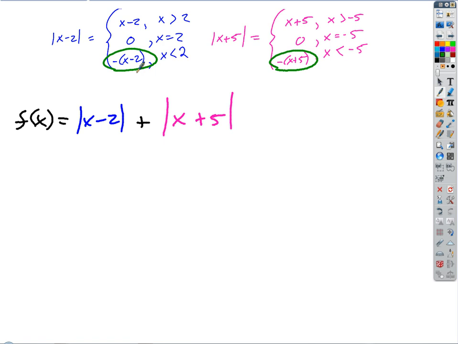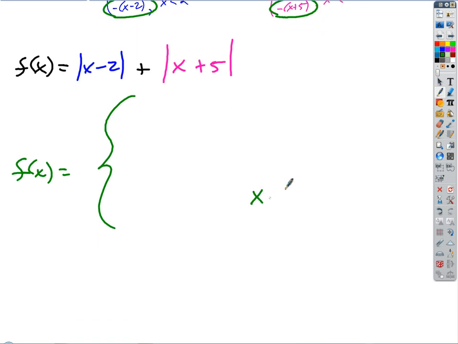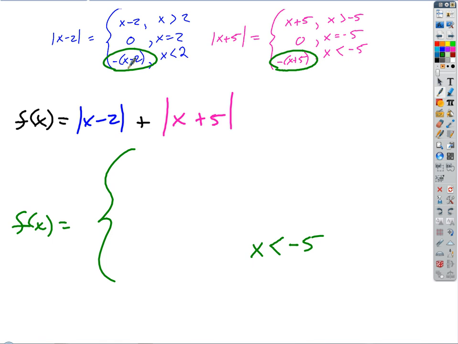So if we wanted to write kind of an overall piecewise function, let's just call it f of x. Well, one behavior is going to be when x is less than -5, we get that plus that, right?